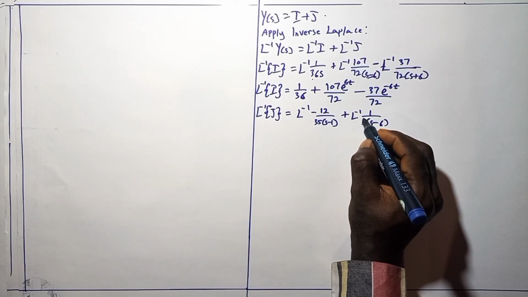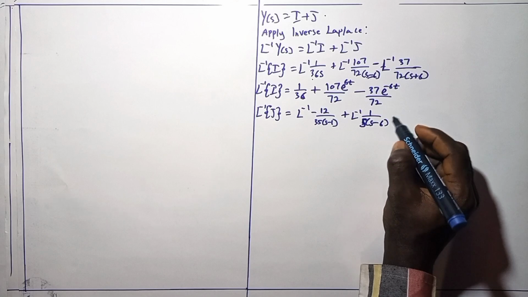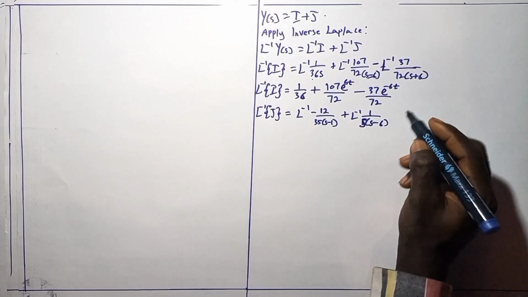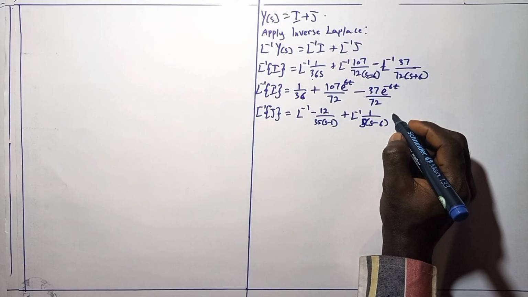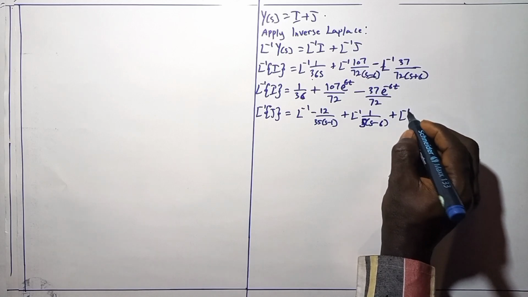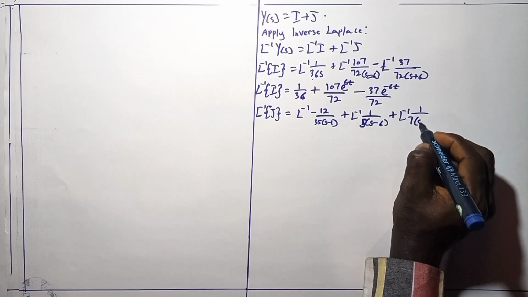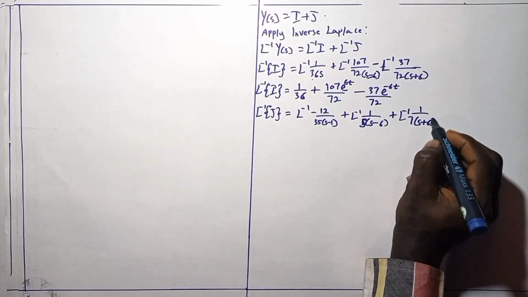This is 5, this is s. So then the last one of g now is inverse Laplace of 1 over 7 s plus 6.